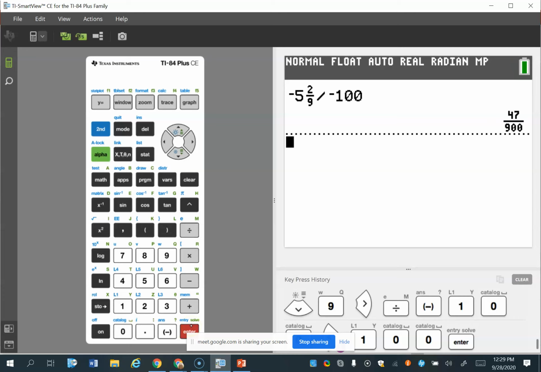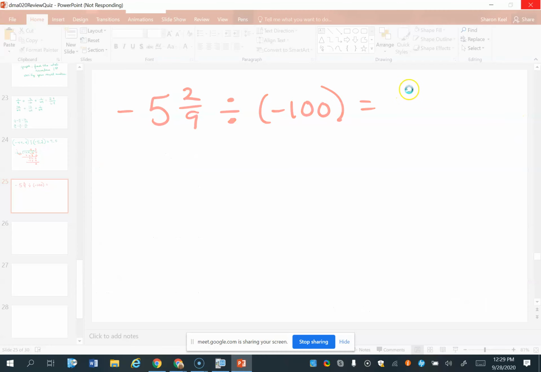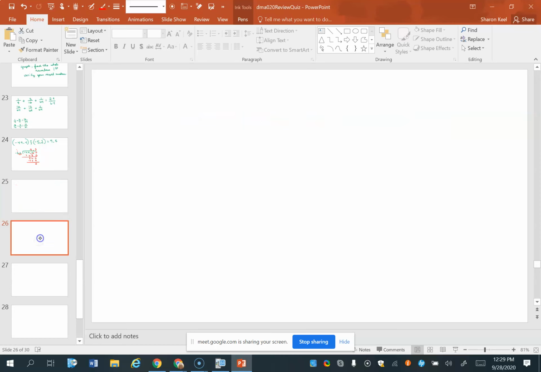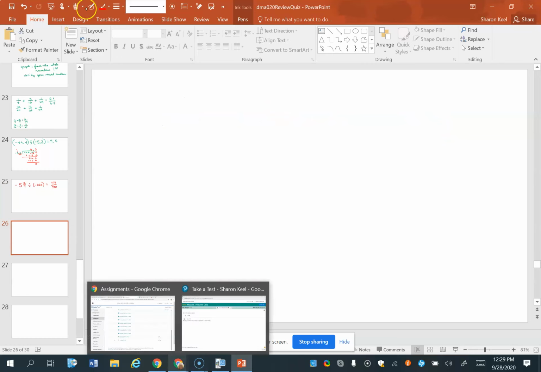And our answer, this is already reduced to lowest terms, so we would have 47 over 900. Negative divided by negative is a positive.